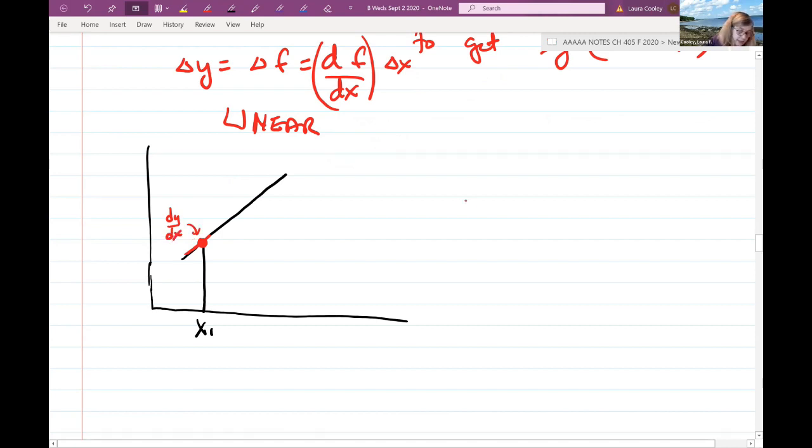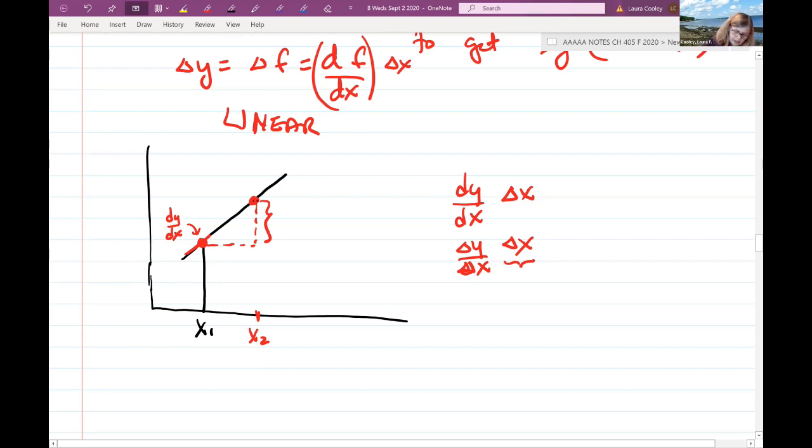If I take dy dx and multiply it by delta x, and really it's the same as delta y over delta x times delta x, and you take the delta x to be x2 minus x1, it will tell you what this difference is. It will give you delta y, and it will always be on the line.